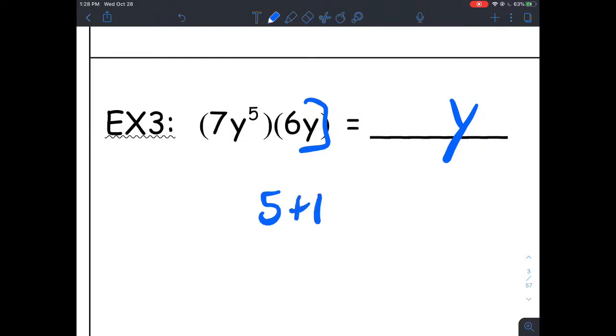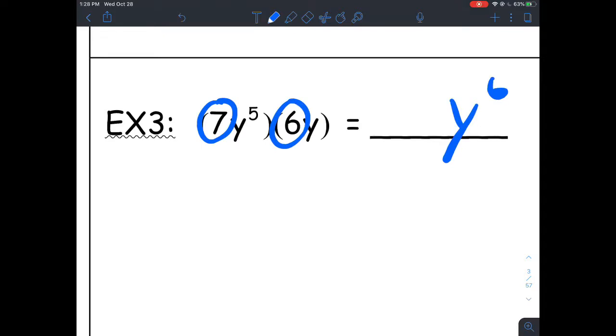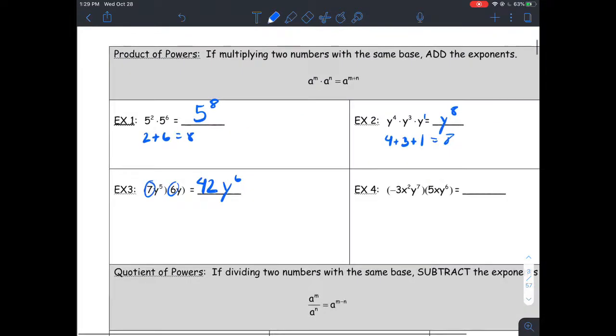So we've got 5 and 1, which gives us 6, so we get y to the 6th. And then for the terms in front, you simply multiply them. You multiply the coefficients here, you get 42. So your answer should be 42y to the 6th. To reiterate, when you have a coefficient, you multiply the coefficients, and for the variables, you add their powers.